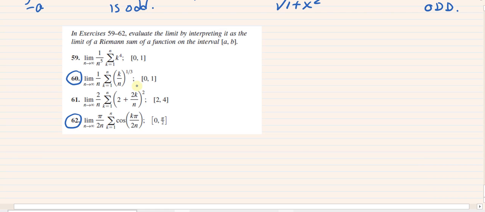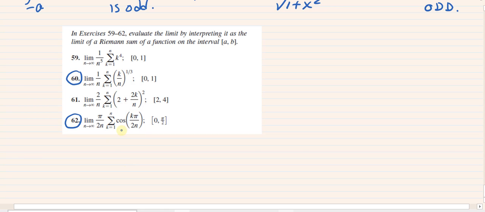Now remember, if we want to do this using the method of the earlier section, we can still do this one because it involves k. It's algebraic, but this one we don't have. We cannot write that as a function of n that easily.